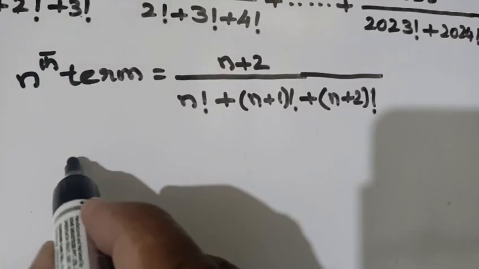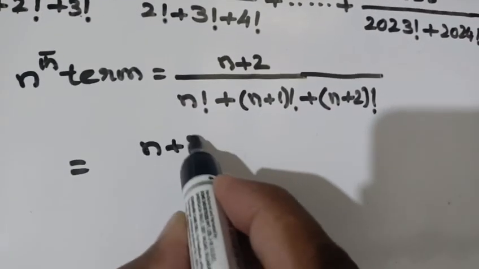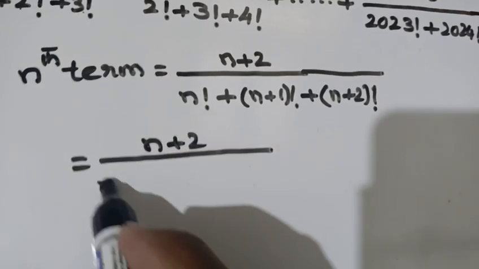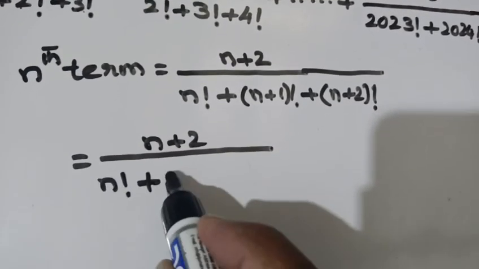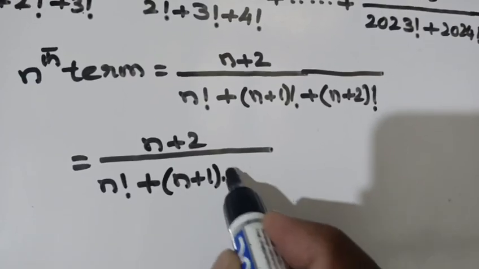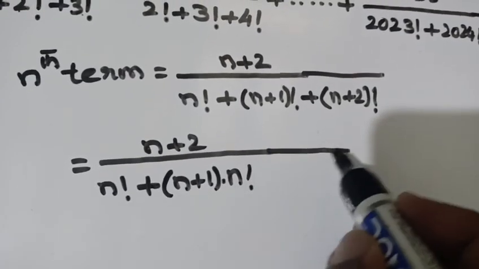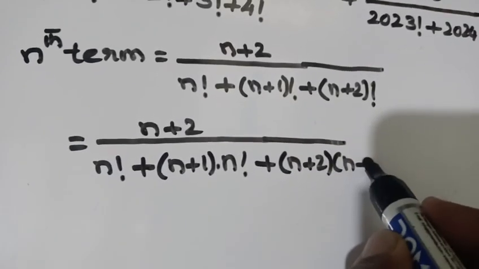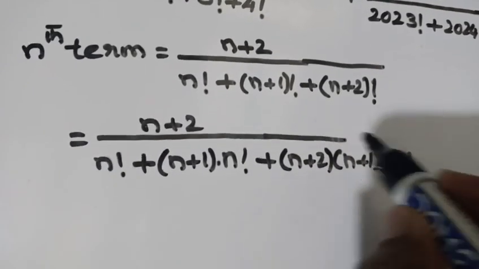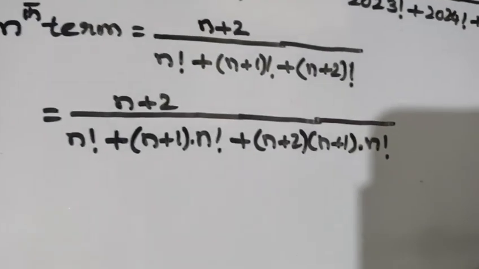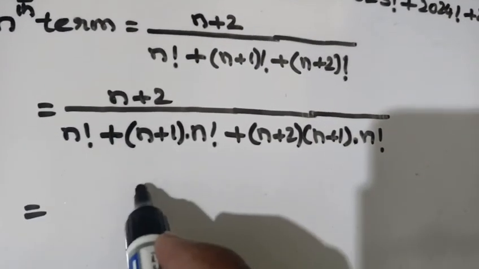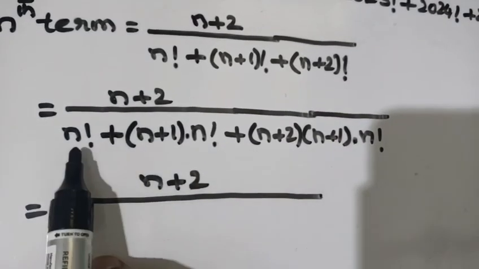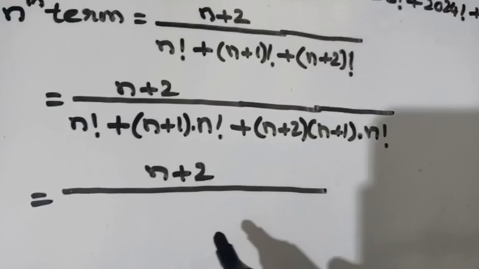I simplify it. n plus 2 divided by n factorial plus, this can be written as n plus 1 times n factorial, plus this is n plus 2 times n plus 1 times n factorial. So here, this is equal to n plus 2 over, in the denominator, n factorial is common.